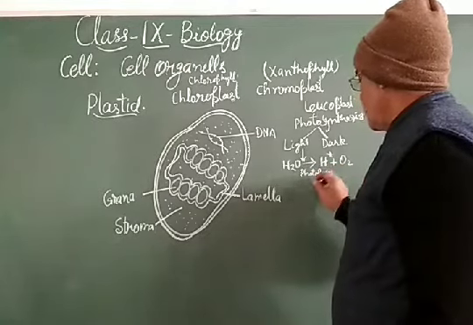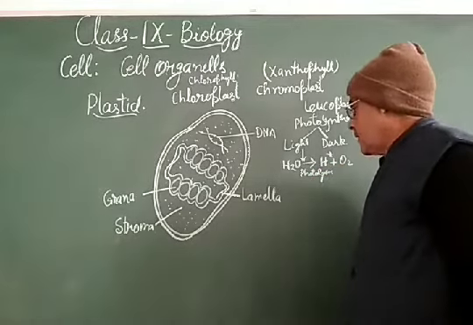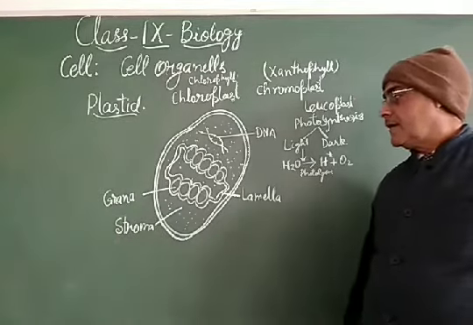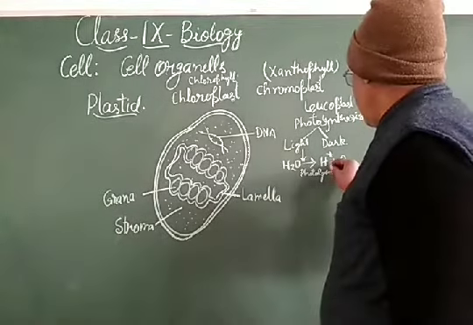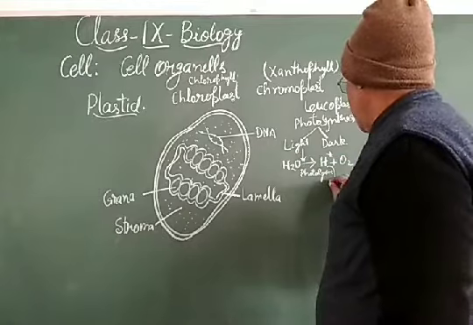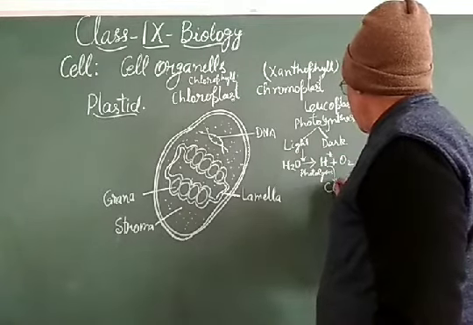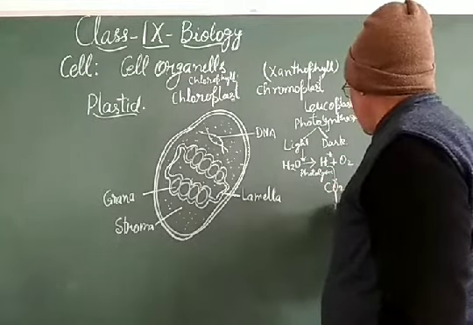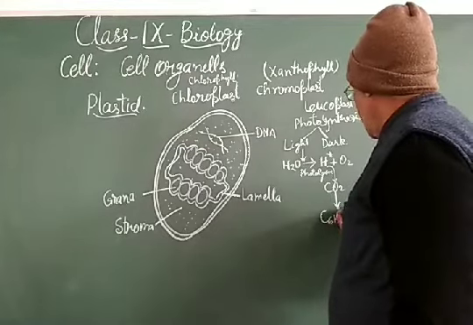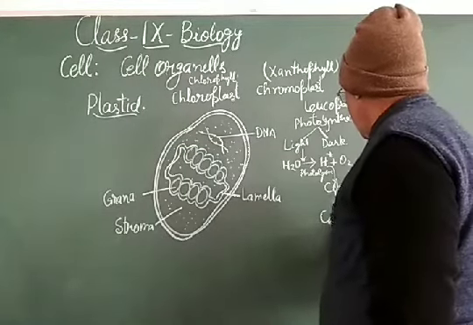So in the daytime, photolysis takes place, and so many hydrogen ions are present during the daytime, and they get combined with the CO2, and they will be able to form C6H12O6.